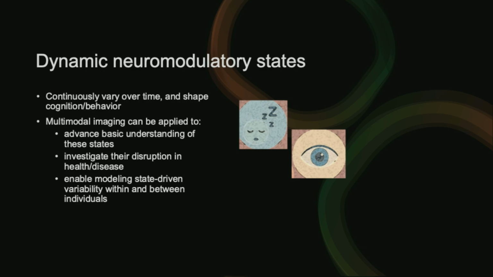And so one thing we might do is use, for example, EEG or pupil diameter, which are established measures of arousal, as a readout of someone's arousal state. And then if we've simultaneously recorded fMRI, then we can look at the large-scale signatures that accompany those state changes. And so overall, this might be useful for advancing basic understanding of these states, their potential disruption in disease, as well as modeling state-driven variability in individuals, which actually can be quite considerable.